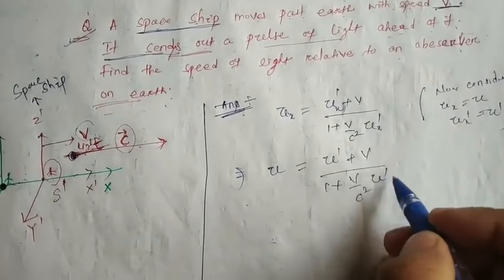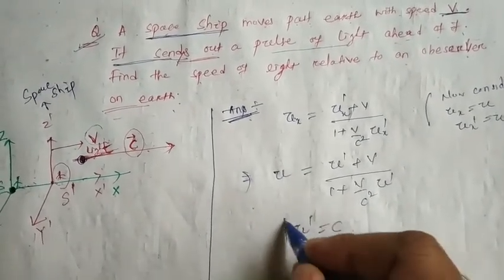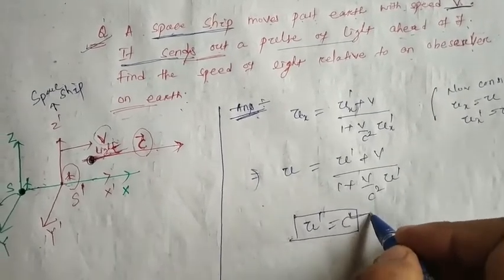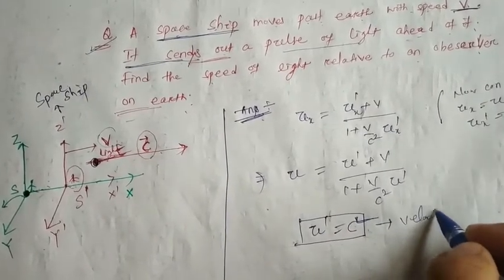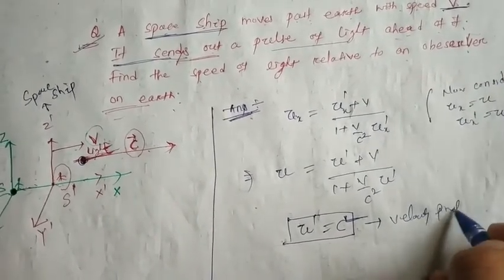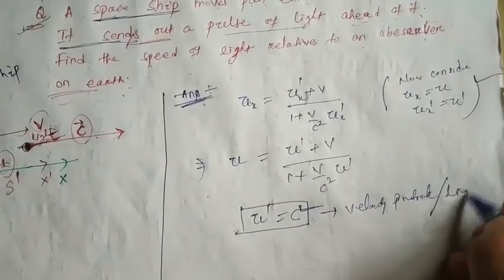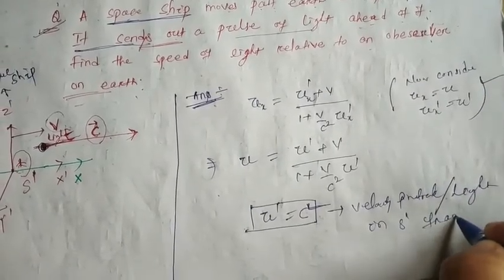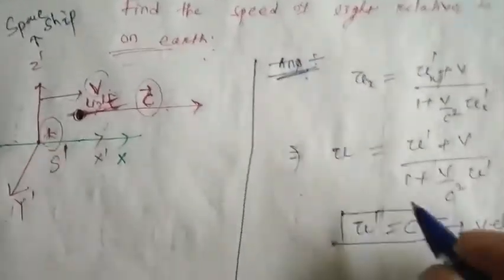Here u dash is nothing but equal to c. That means it is the velocity of the particle, or the so-called light, in the S dash frame. Now we have to put in the value.